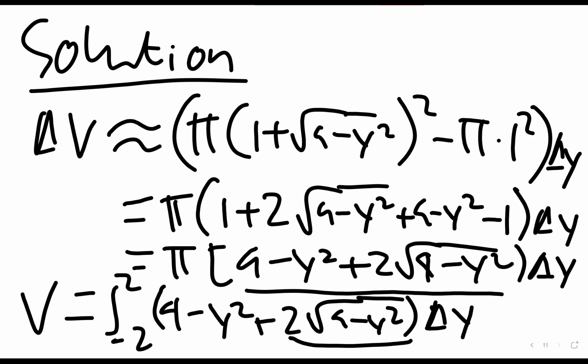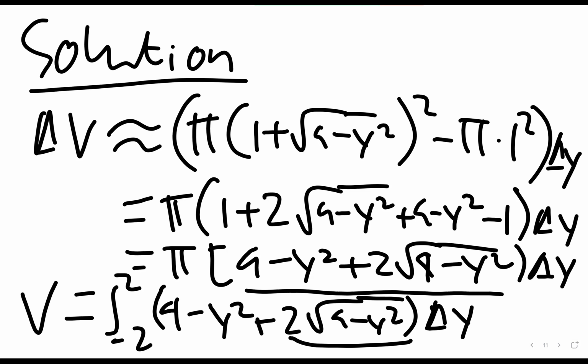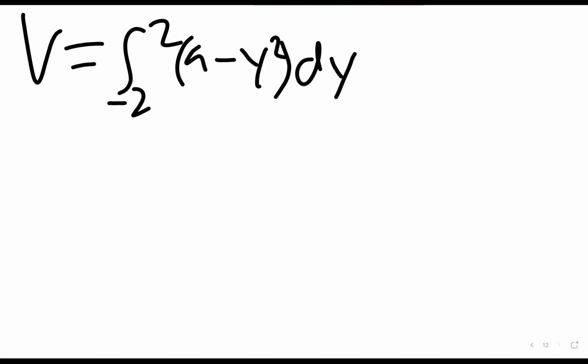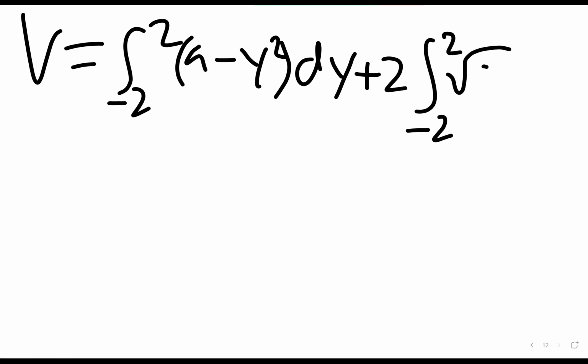The interpretation is just the area of the semicircle of radius 2, which is pi times 2 squared divided by 2, so that's 2 pi. So V equals the integral from -2 until 2 of 4 minus y squared dy, and separately 2 times the integral from -2 until 2 of square root of 4 minus y squared dy.